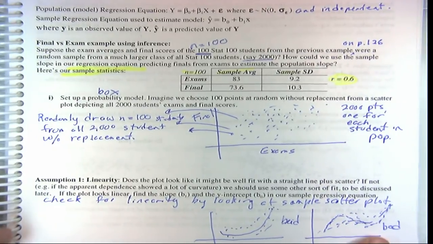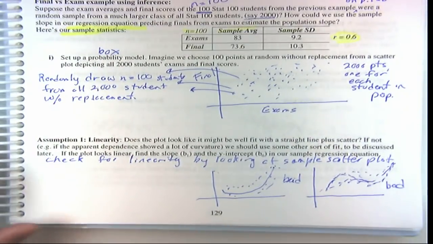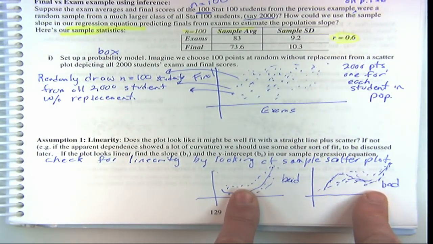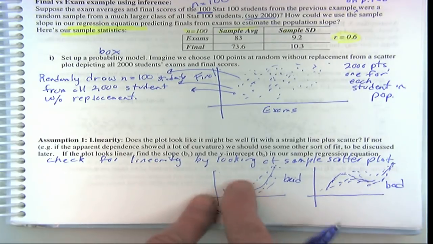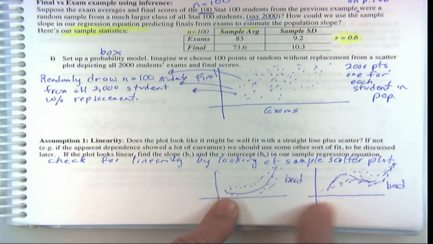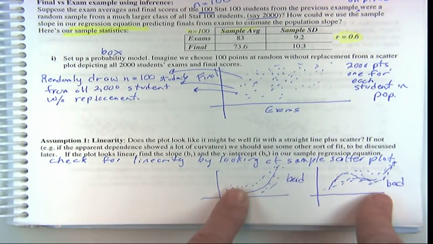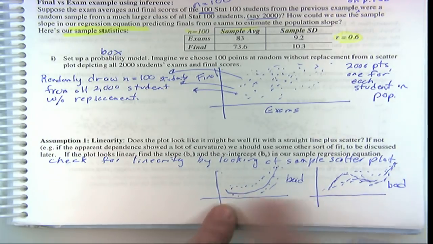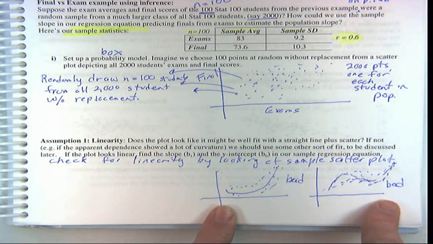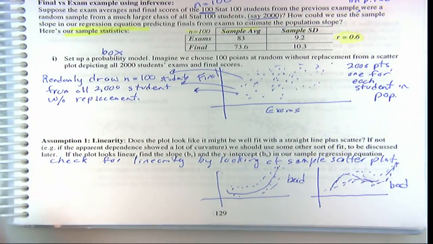Why? Because it's not that we couldn't make a prediction, but we'd fit a curve. We wouldn't fit a line. We'd do something else. We'd transform our data so that we're not going to try to fit a line when we have a curve there. So this would be bad. We're not going to just fit a line to this because it doesn't fit.